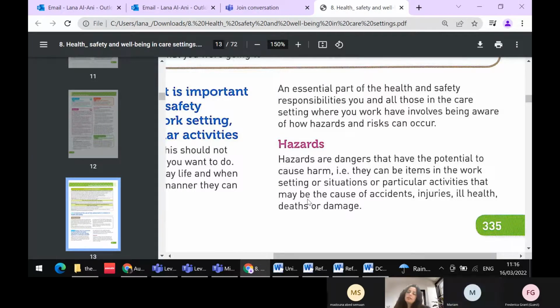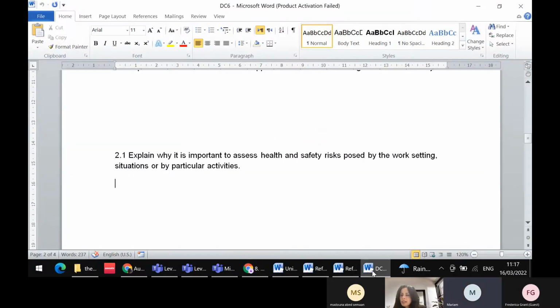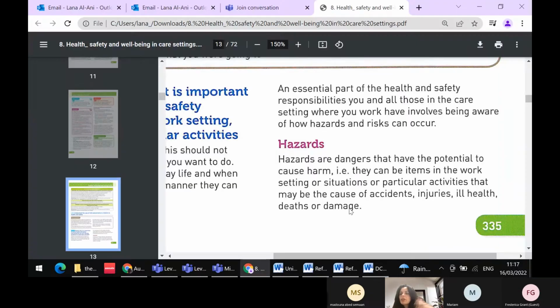Yeah, anyone? To prevent hazard, risk and hazard to an individual. Very good. So if we assess this, we know how big or large this hazard is, the danger, what's the potential harm on people?